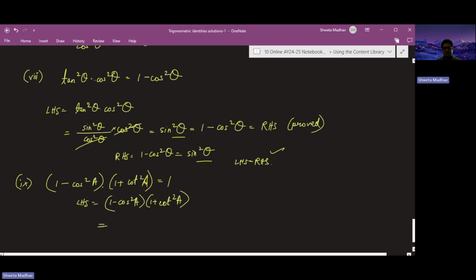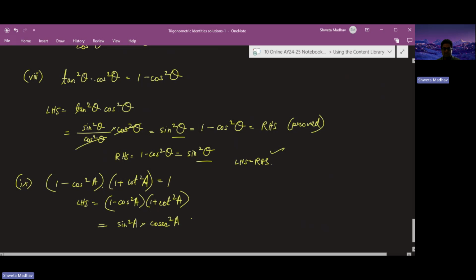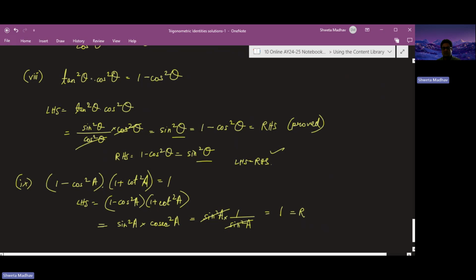Now 1 minus cos square a is equal to sin square a, as you know, and 1 plus cot square a is equal to cosec square a, according to the trigonometric identities told in the class. Then this is sin square a into cosec square a, that is 1 by sin square a. So sin square a will get cancelled, which is equal to 1, which is equal to the right hand side.